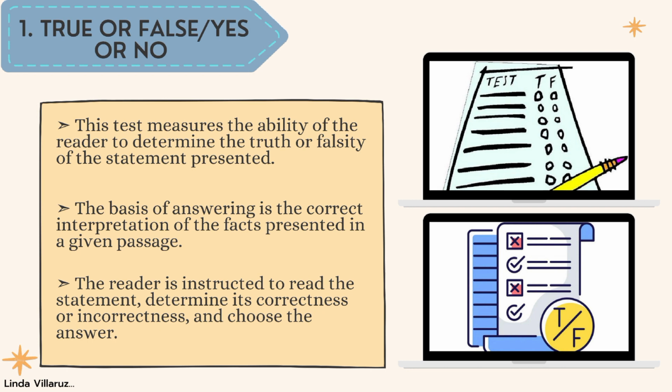The reader is instructed to read the statement, determine its correctness or incorrectness, and choose the answer. So, a true or false question consists of a statement that requires a true or false response. Additionally, it is referred to as an alternative response question.